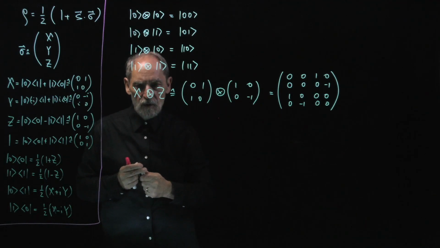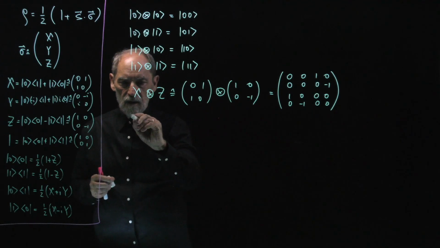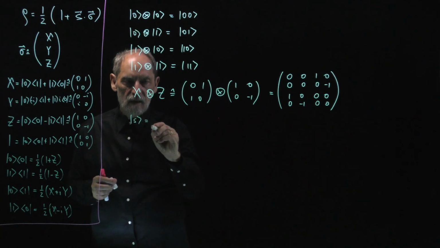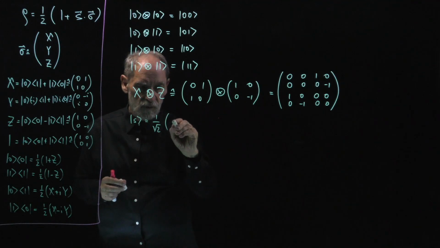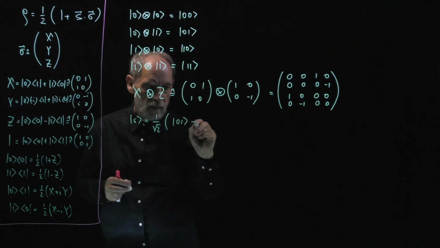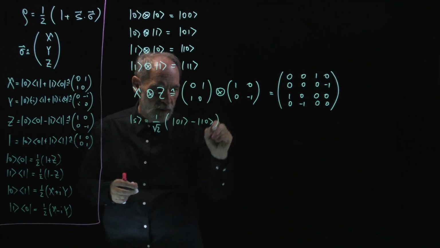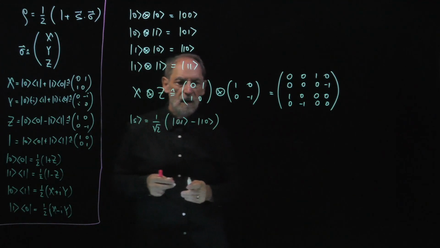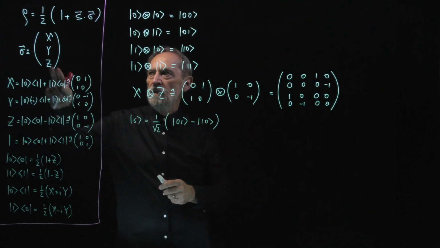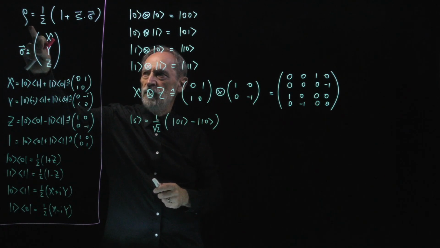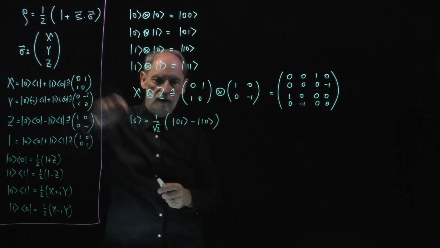But the state that we were looking at had a ket for what we call the singlet, which in this notation would be 1 over the square root of 2 of the 0, 1 minus the 1, 0 kets. And so the question is now, what is the 2 qubit analog of this single qubit statistical operator?